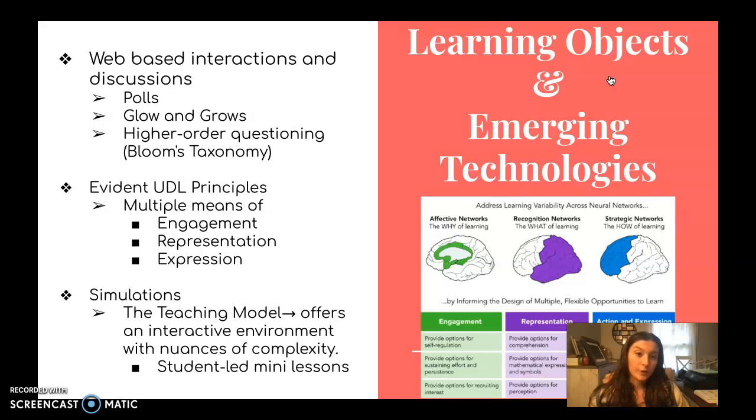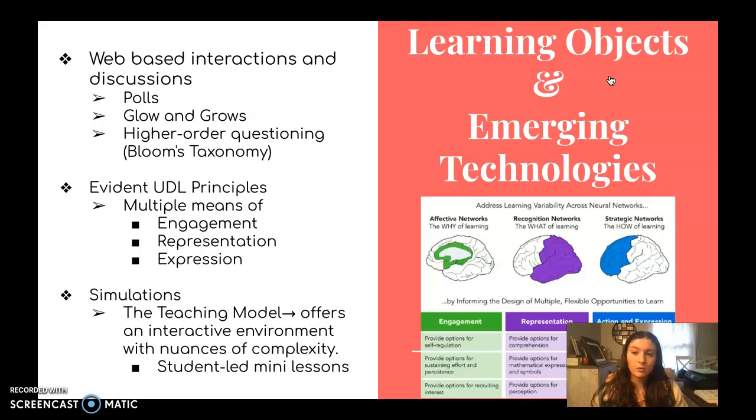Learning objects and emerging technologies. So the framework that Dr. O'Connor's article suggests is that web-based interactions and discussions are a really key component in a situated cognitive environment. And so I mirrored that using polls for questions to make sure that students were engaged and as a form of formative assessment.